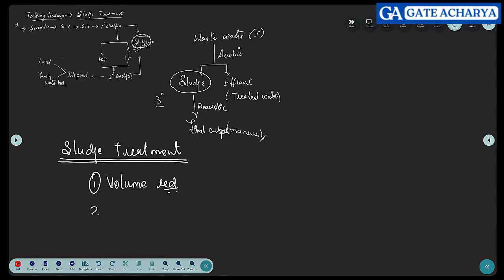The next one is a strength reduction. The volume reduction is achieved by reducing the moisture content. Okay, அது பாத்தீங்கன்னா ரொம்ப moist இருக்கும். So the moisture reduce பண்ணும்போது there will be drastic reduction in the total volume of the sludge, which is going to be applied for a strength reduction.